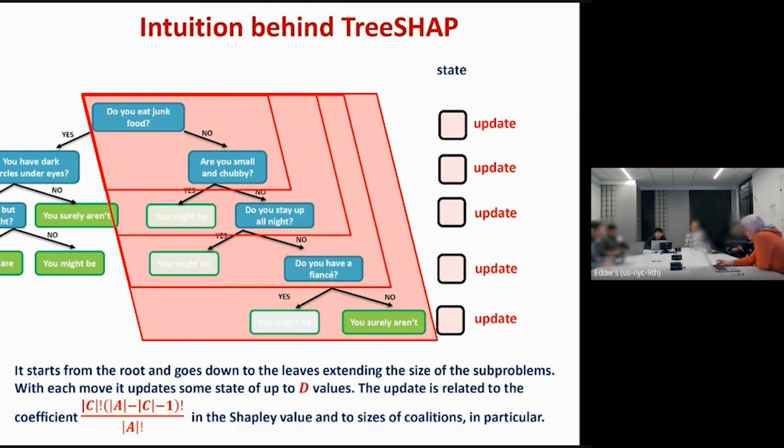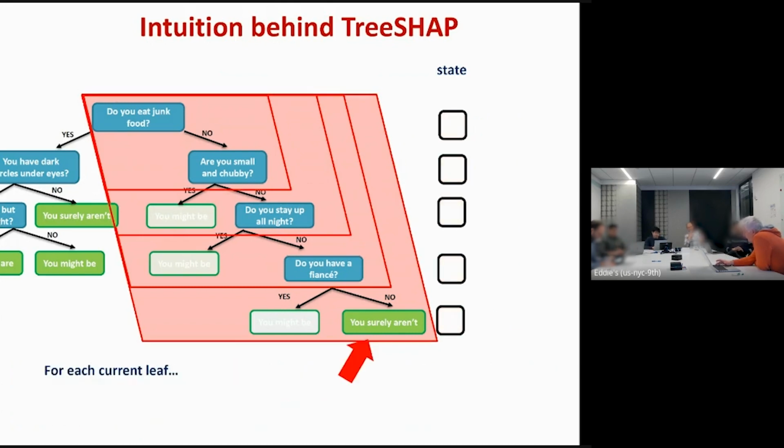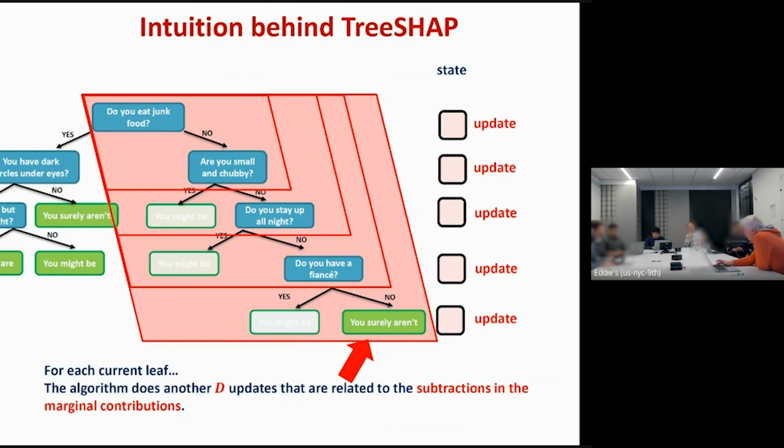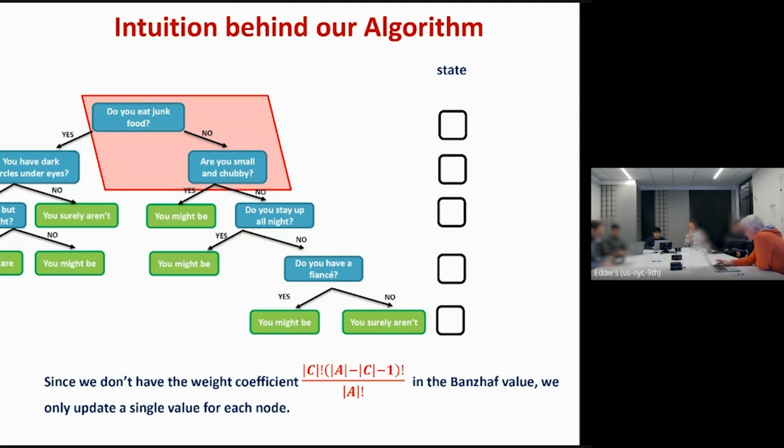Essentially, they compute the contribution of the features, and then they go up d times to compute the marginal contribution of each feature. And what they get is the complexity, which is TLD squared. To explain the algorithm, I would really need to define the dynamic programming and so on. It's really not straightforward.